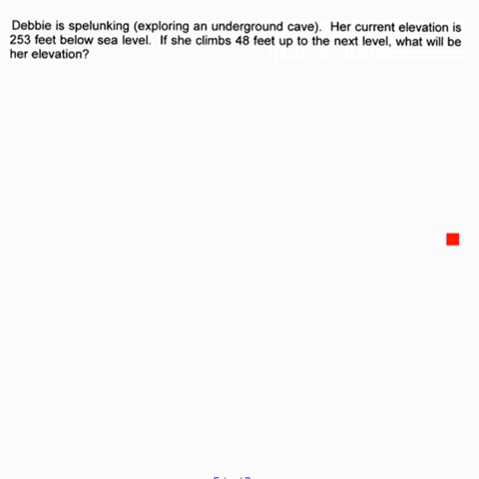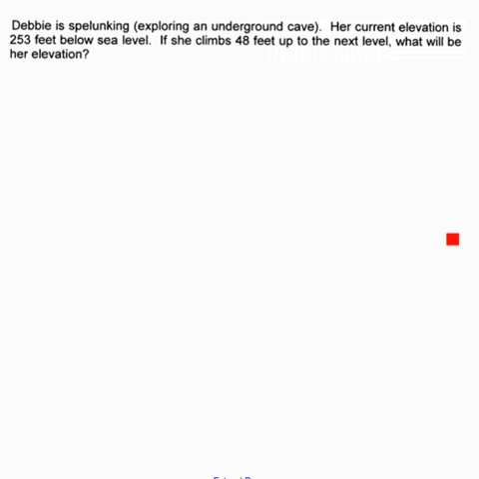There's a word problem. Debbie is spelunking, exploring an underground cave. Her current elevation is 253 feet below sea level. If she climbs 48 feet up to the next level, what will be her elevation?